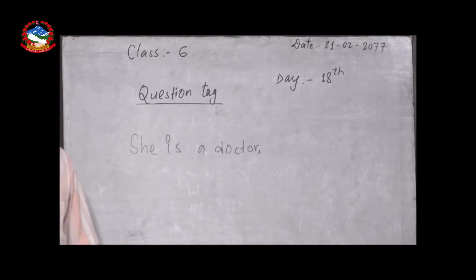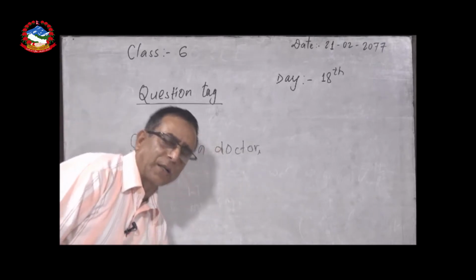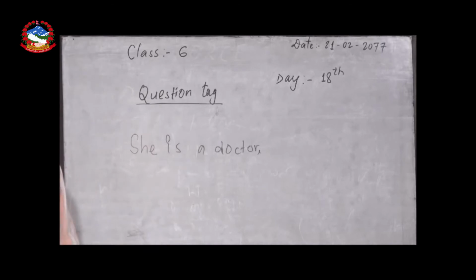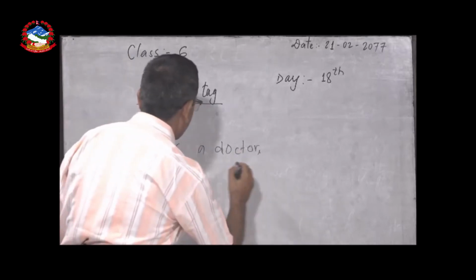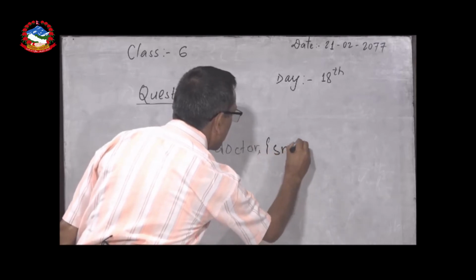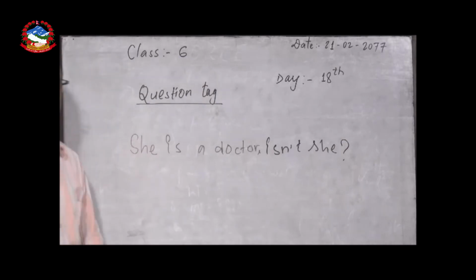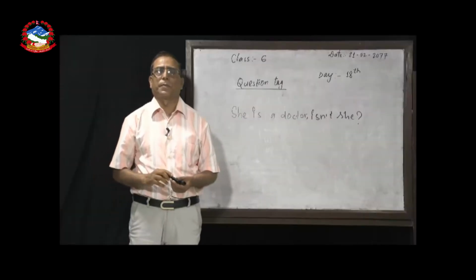As we know, we had already said that it is a short clause at the end of a statement which changes it into a question. Let's see. I am going to change this statement into a question. Isn't she? It is the question.